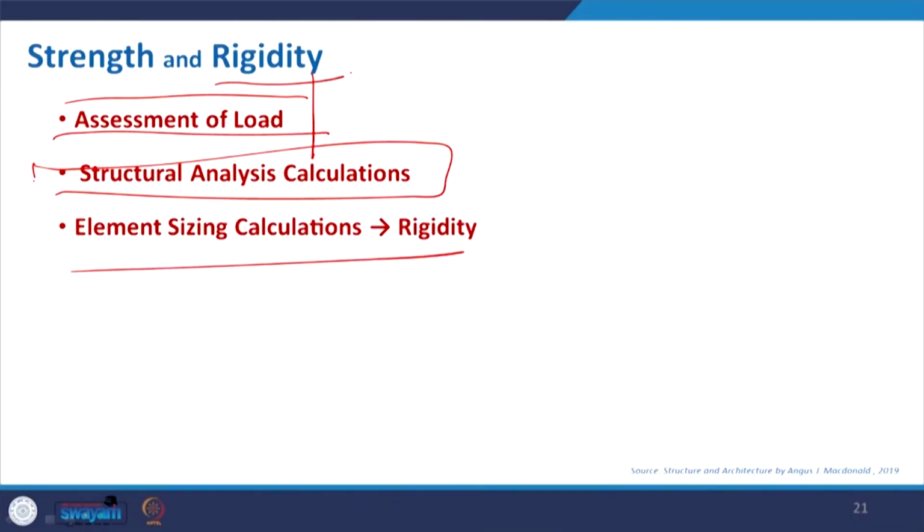Then to get adequate stiffness and rigidity in your structure, we also go for element sizing calculation, where we pick up the cross section, and the material and its equivalent cross section which is required to make the structure.